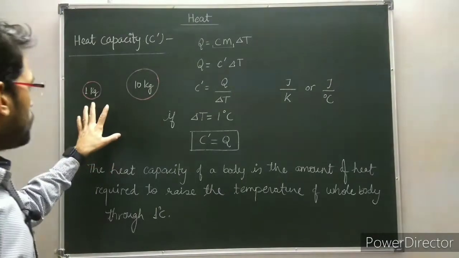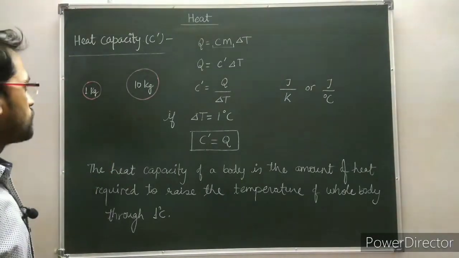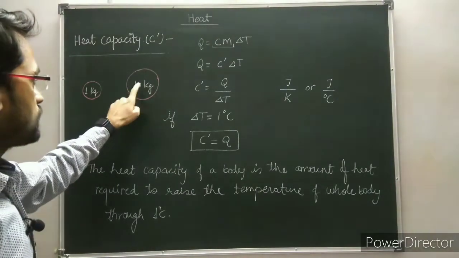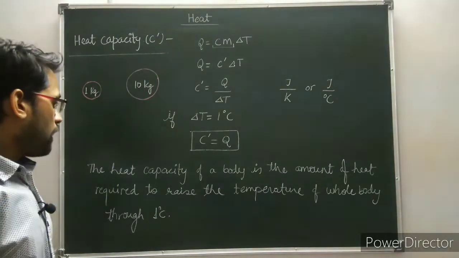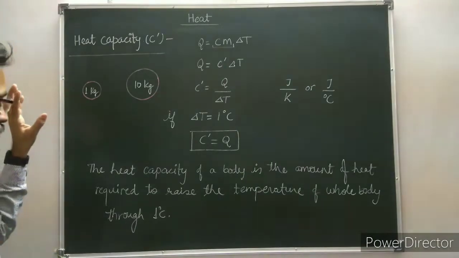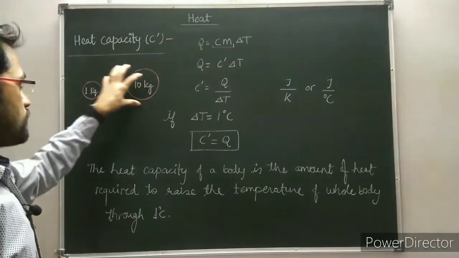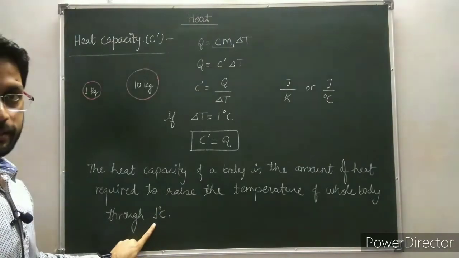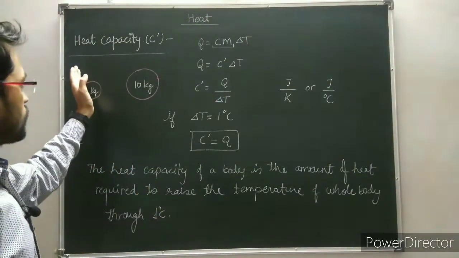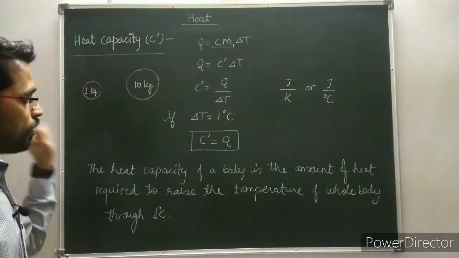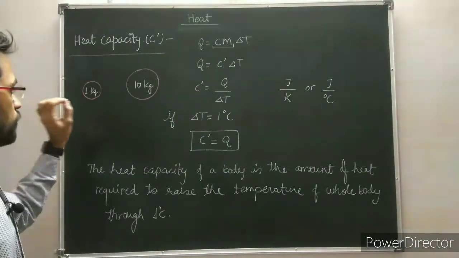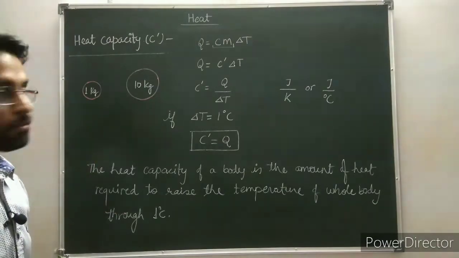Consider we have two iron balls, one of mass 1 kg and the other of mass 10 kg, and we have to raise the temperature of both the balls through 1 degree Celsius. For the same rise in temperature, which ball will require more heat?